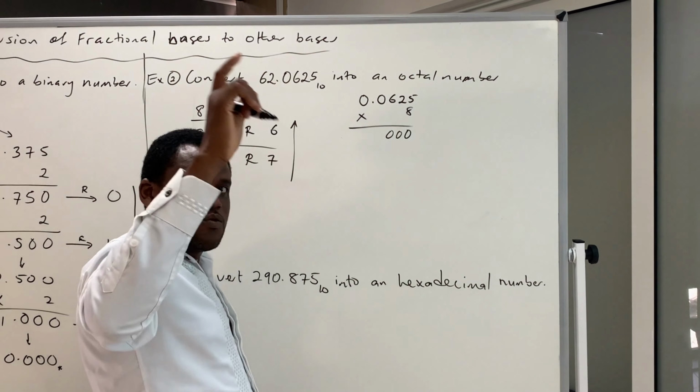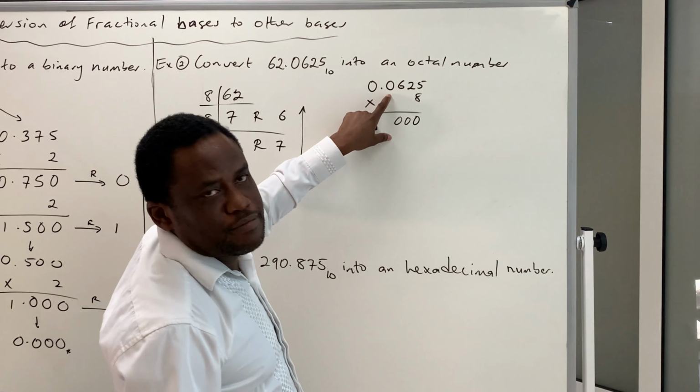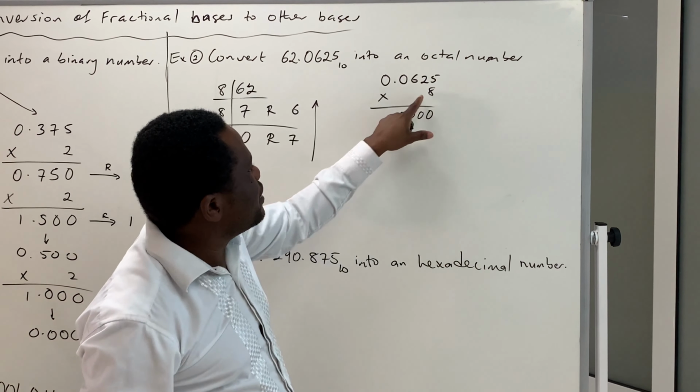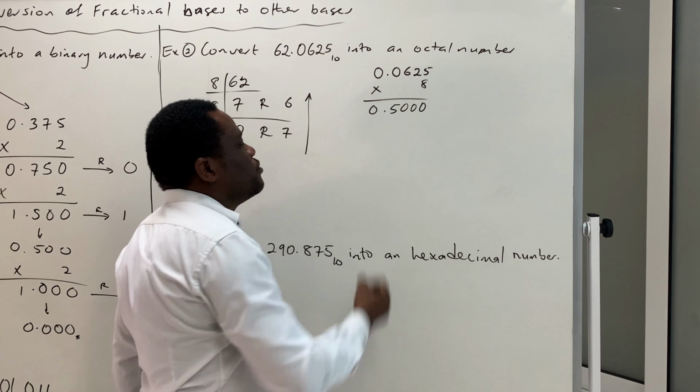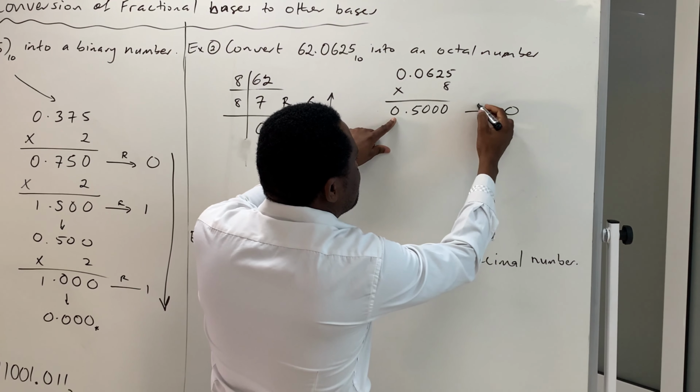You write 0, we keep 5. 8 times 0 is 0, plus 5, 5. And 8 times 0 is 0. So what is left after the point here is 0.